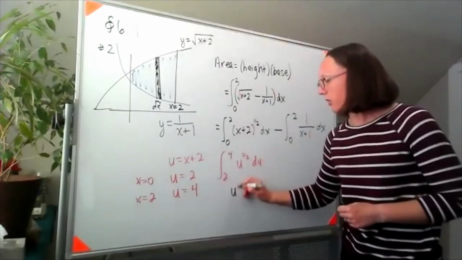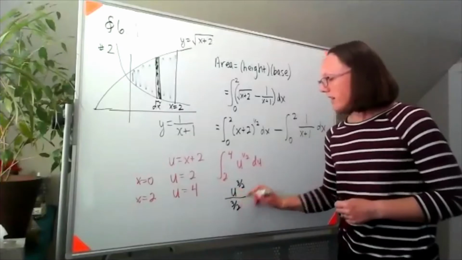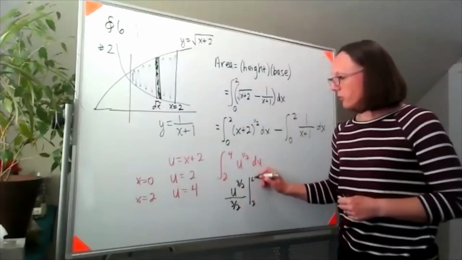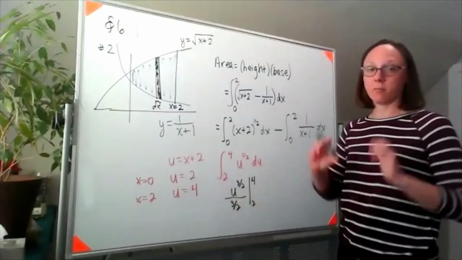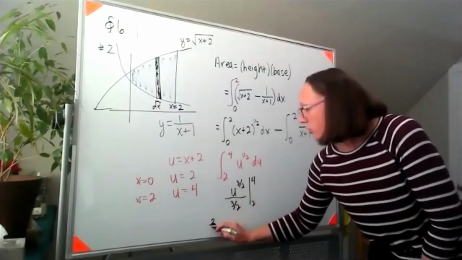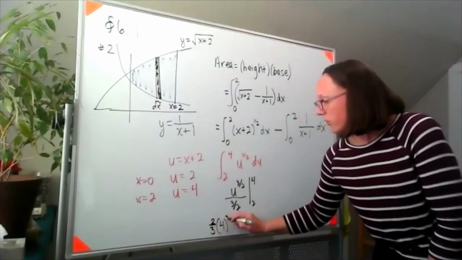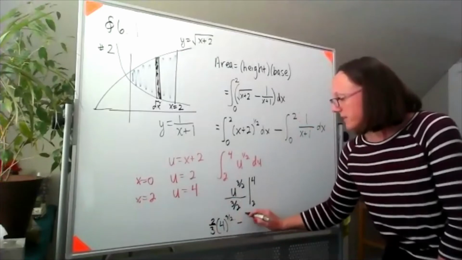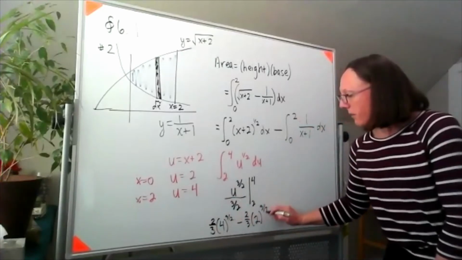I would end up with u to the 3/2 divided by 3/2, and we would be going from 2 to 4. Dividing by 3/2 is the same thing as multiplying by 2/3, and I'd end up with 2/3 of 4 to the 3/2 power minus 2/3 of 2 to the 3/2 power.